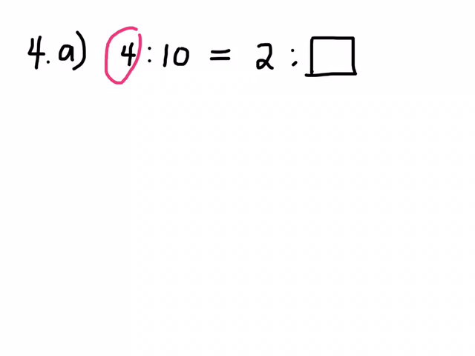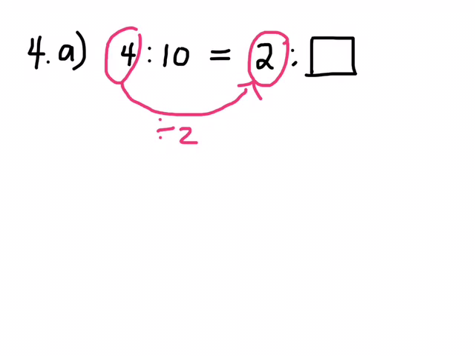And then in the second ratio, what's the first number? 2. How do you think they got from here to here? Did the number get larger or smaller? Smaller, so they divided. Good.